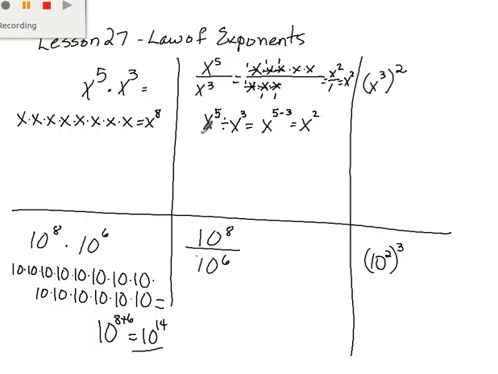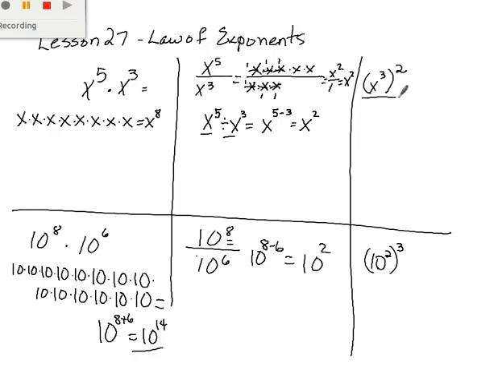The bases have to be the same in order to do that. If you have different bases, it will not work. So if we come down here, we could write out 8 tens here, and we could write out 6 tens in the denominator, cancel them out, and we would end up with 10 to the 8 minus 6, or 10 squared.